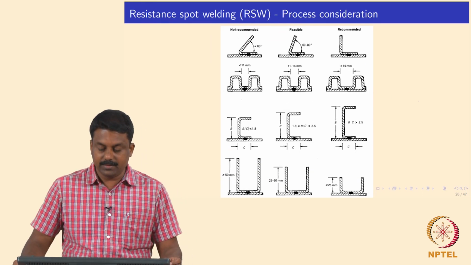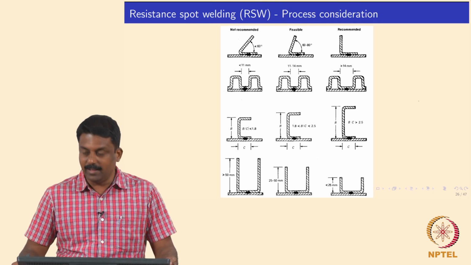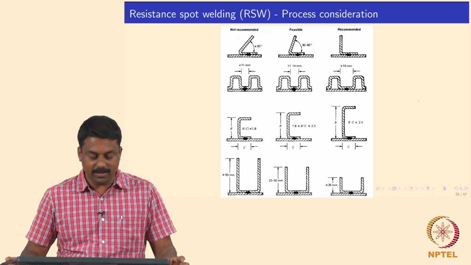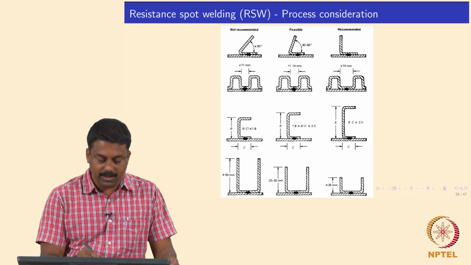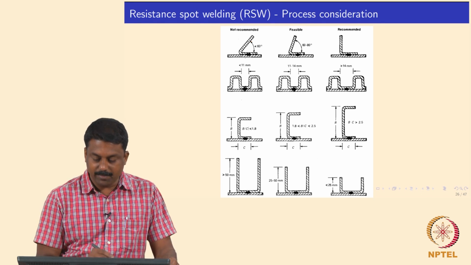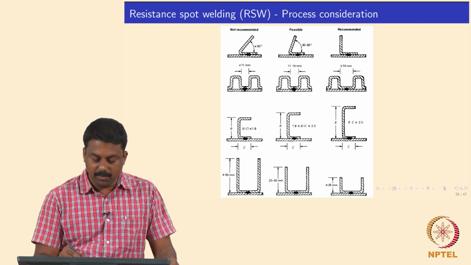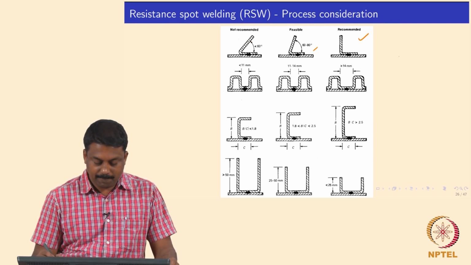So these are some of the geometrical considerations, because here load distribution is very important, right? If you have a very short L angle, it's not recommended. You can do it, but ideally you should do it in an L flange.